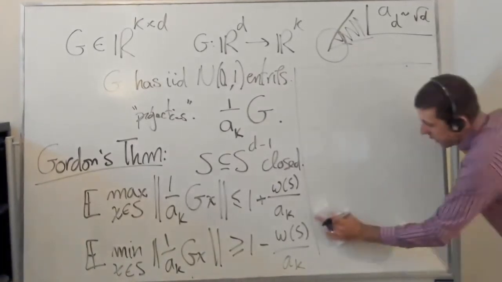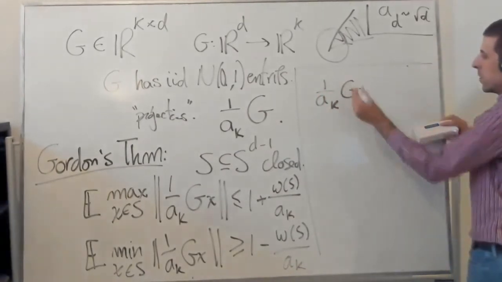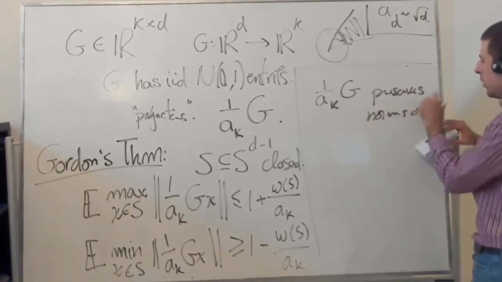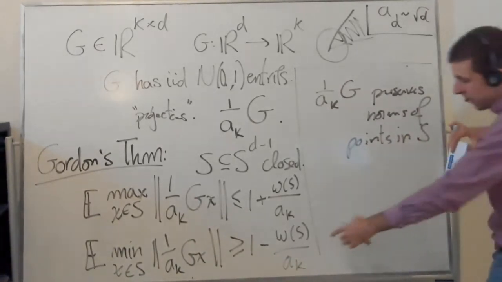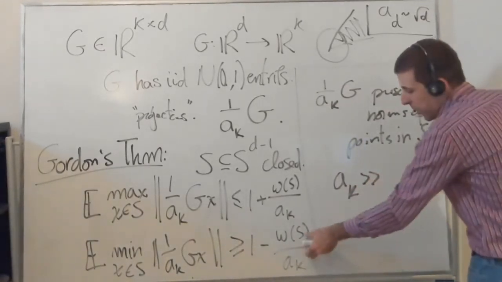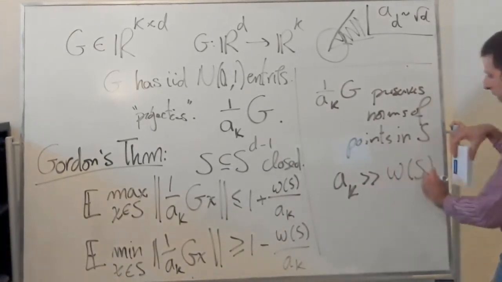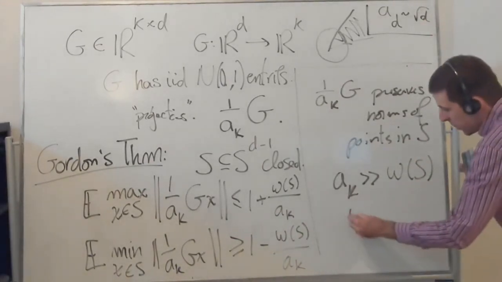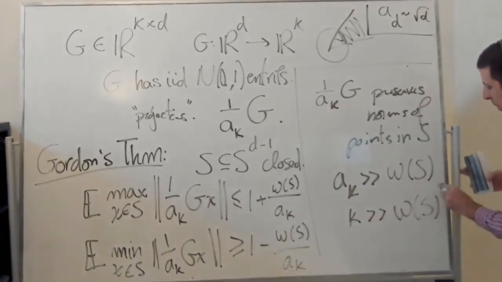Basically, we have that 1 over AK G preserves the norm of points in S, provided that AK is considerably bigger, depending how much we want to preserve, but we would like this to go to 0, than the Gaussian width of the set S. Because AK is roughly square root K, this preserves as long as K is considerably bigger than the Gaussian width squared.